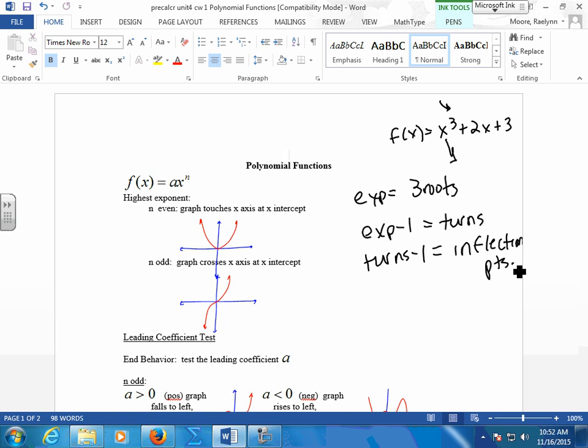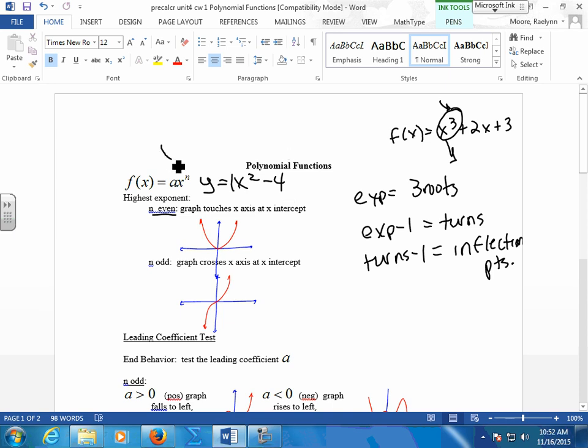We can also say how the ends behave based on the highest exponent. So if we have an even number, if n is even, such as x squared, we know that a is positive, my ends or parabolas will go up.